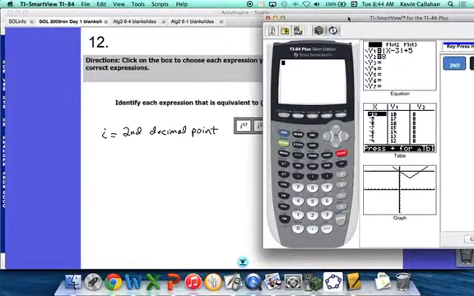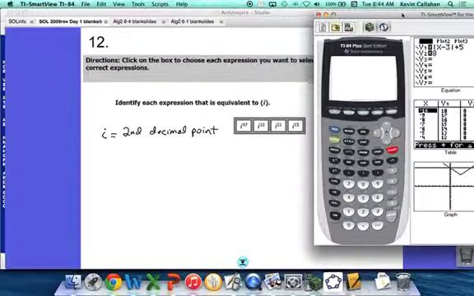If I put in the first one, i to the 47th, second decimal point raised to the 47th, I get this kind of confusing thing. How do I do it so that it doesn't give me all this e to the negative 13th stuff?